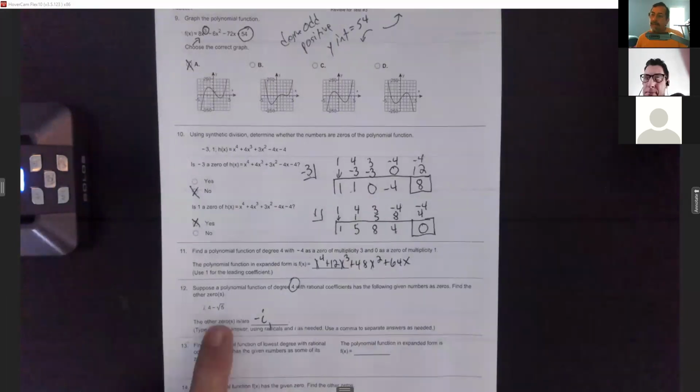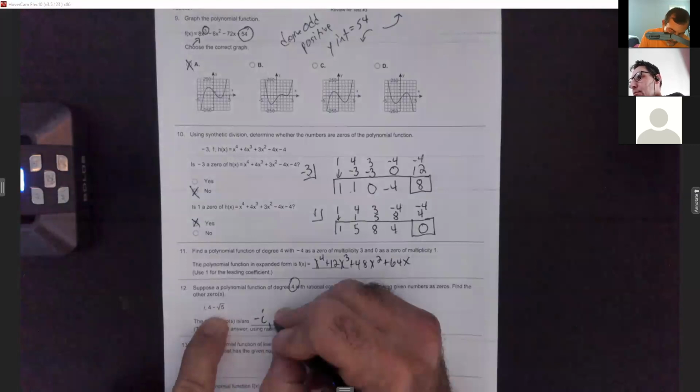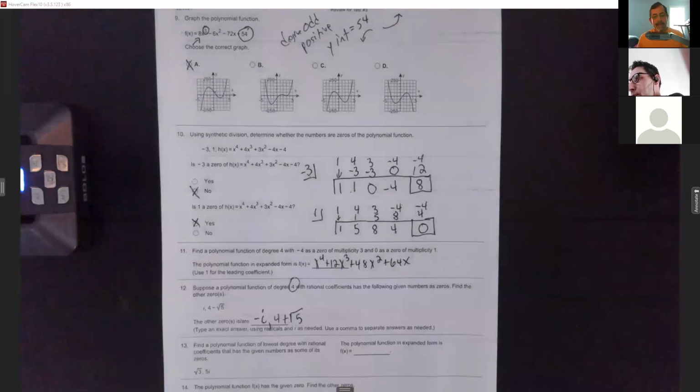If they give you a radical as a 0, 4 minus square root of 5, then its conjugate, 4 plus square root of 5, is also a 0. So that one, you just had to realize that the i's and the radicals always come in conjugate pairs on them zeros.